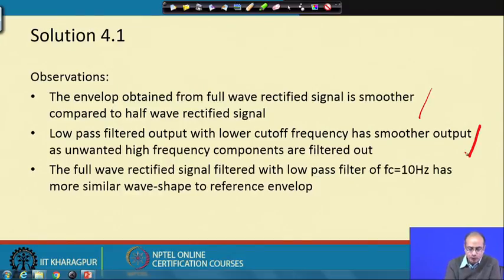And in both the full wave rectifier signal and the half wave rectifier, we found that the low pass filter with cutoff frequency 10 hertz gives us the best output. Okay. So, that is our observation from this assignment.